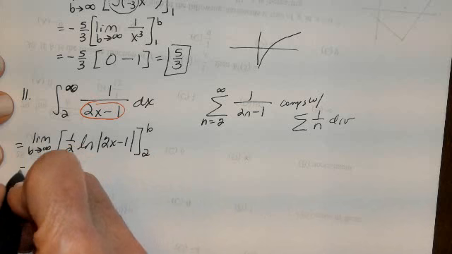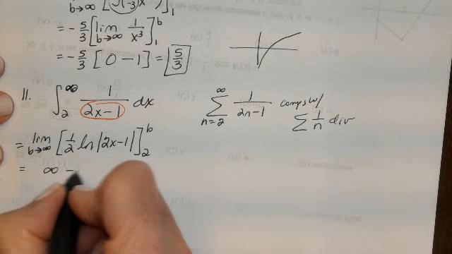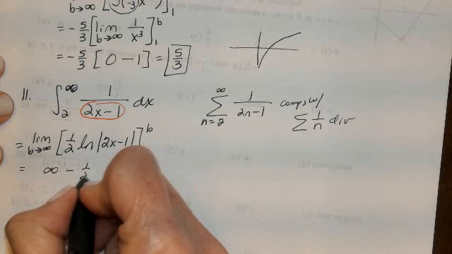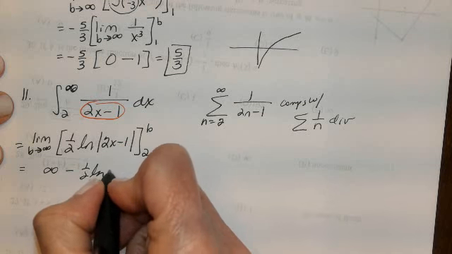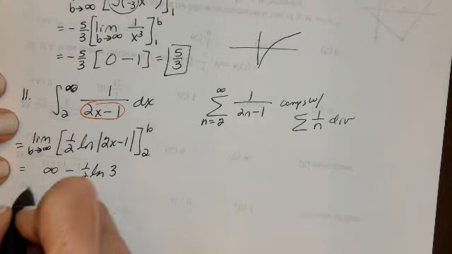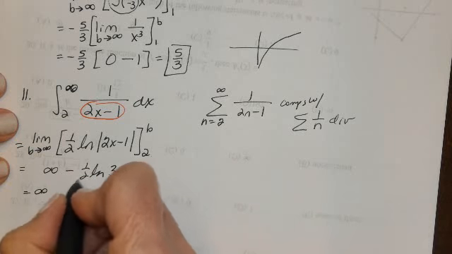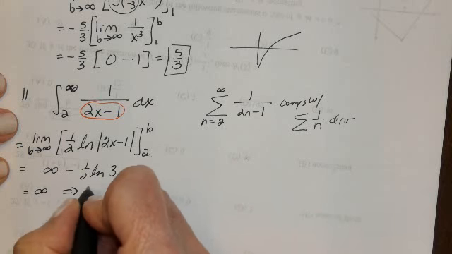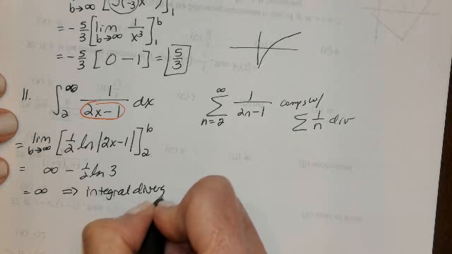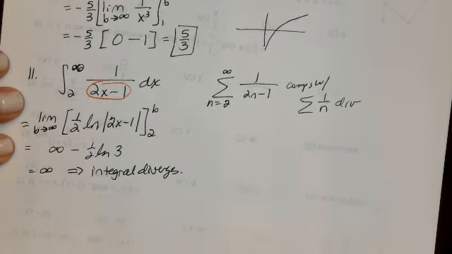So this will be infinity minus, and then when you put 2 in for x, we'll have 1/2 natural log of 3. This is infinity, so the integral diverges. Just like we expected.